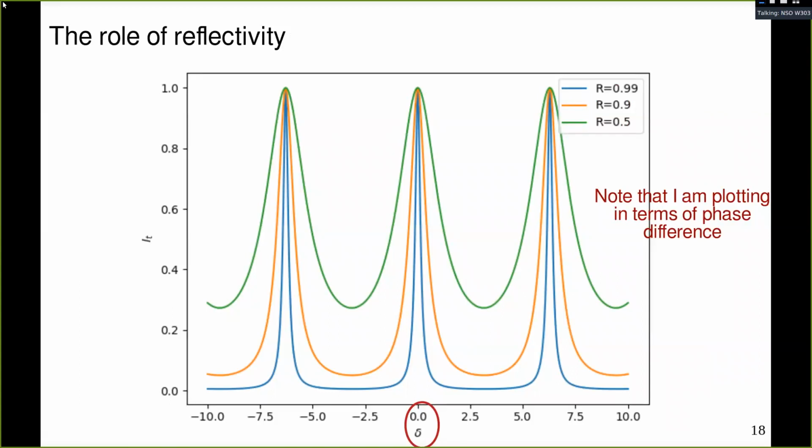I'm going to plot it for an arbitrary grid of deltas, so forget now about the angles and so on, for a few different reflectivities. This tells you that the more reflecting your filter is, the more narrow and better defined these transmission maxima are. So it's in our best interest, you're probably already guessing this, to have mirrors as reflecting as possible in order to have very well defined maxima here.